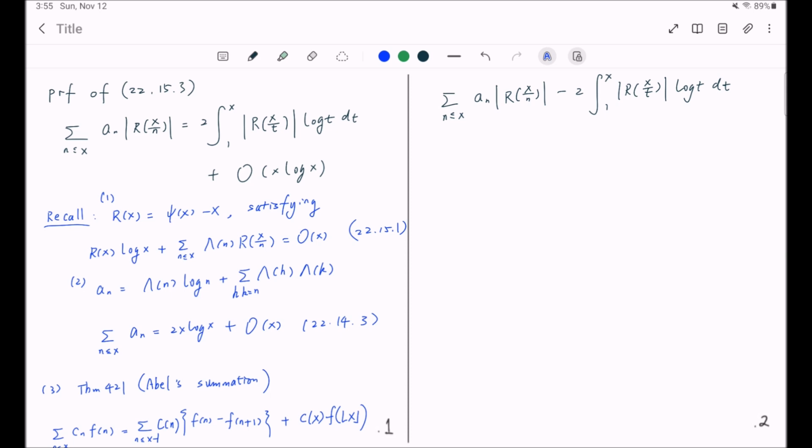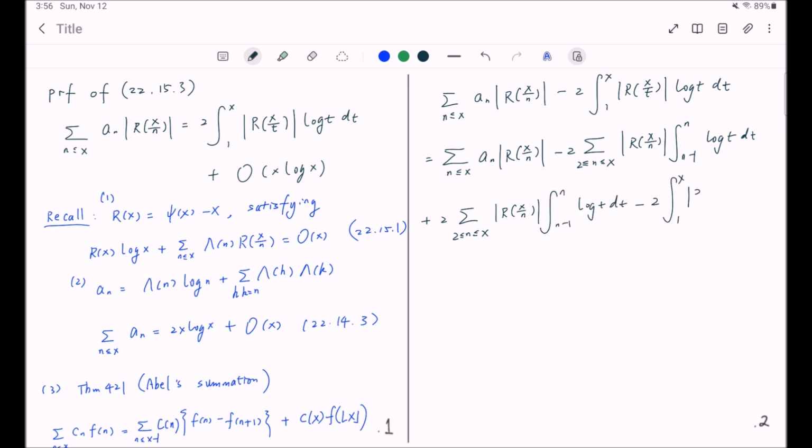The trick is that we're going to split this difference into two parts by adding and subtracting a sum, which can be seen as an approximation to this integral.